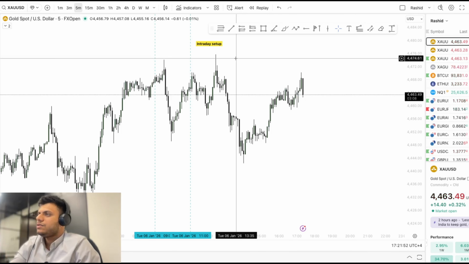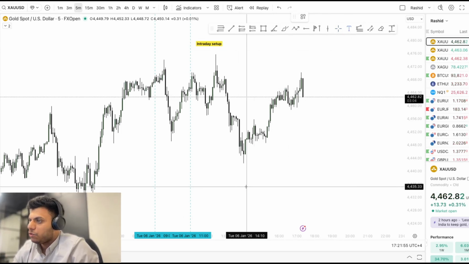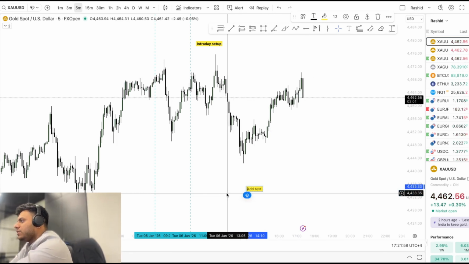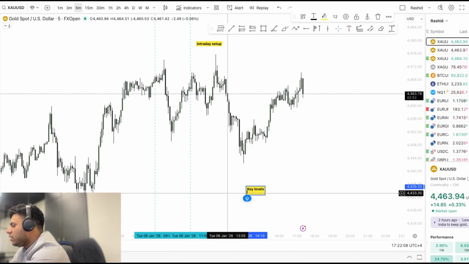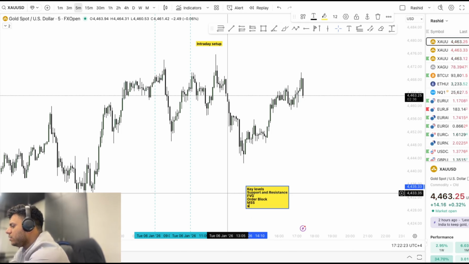In this concept, some of the things I am using are key levels, then support and resistance, FVG, order block, MSS, and also liquidity sweeps.